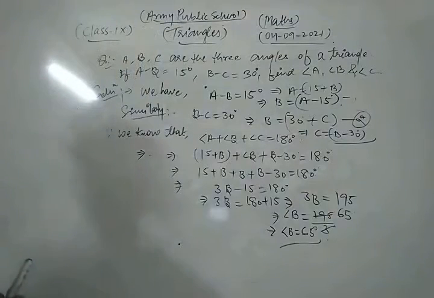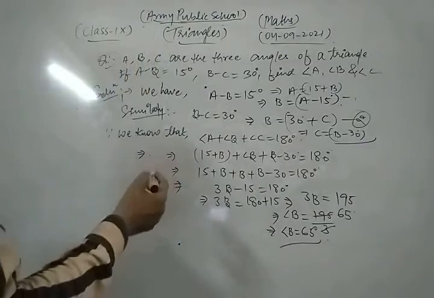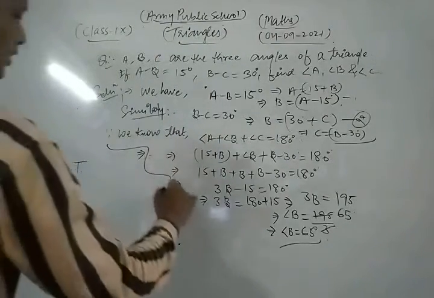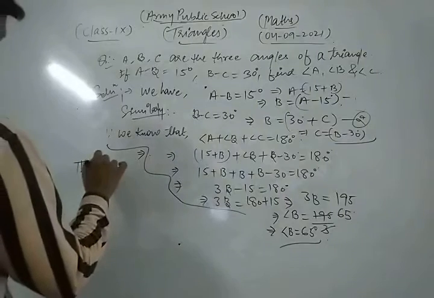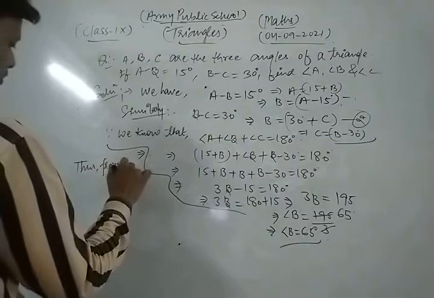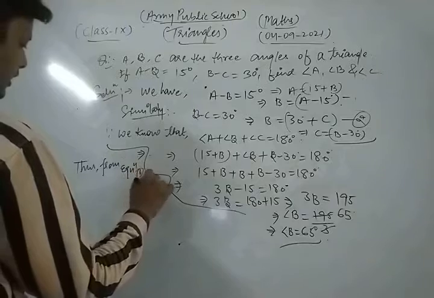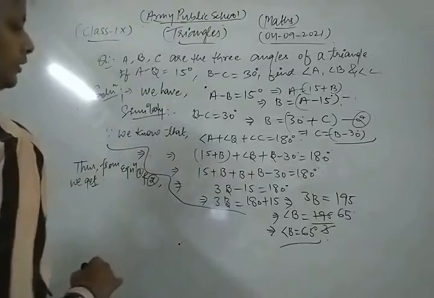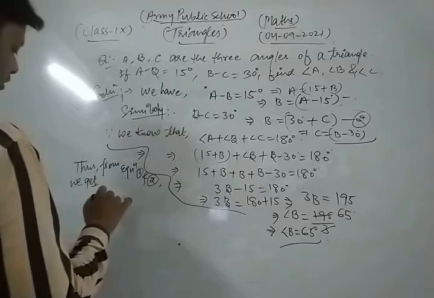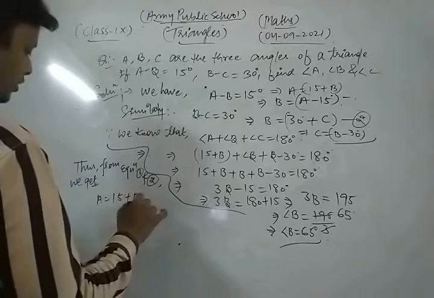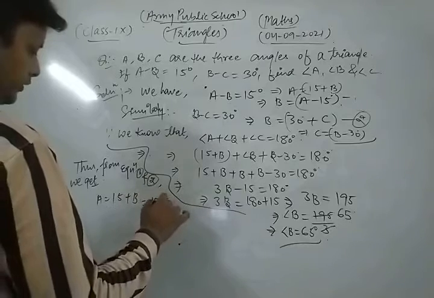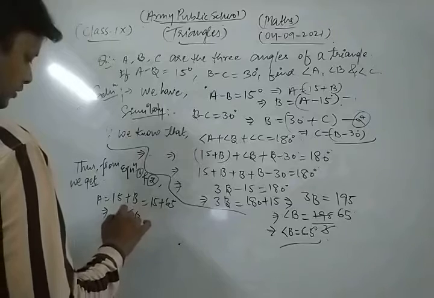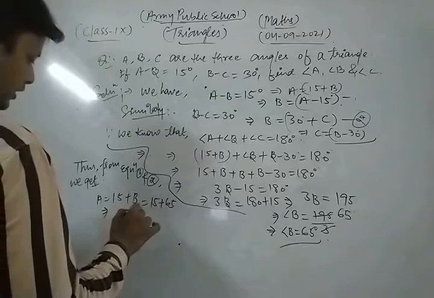Now, using equations 1 and 2, from 1 we get angle A is equal to 15 plus angle B. So 15 plus 65, angle A is equal to 80 degree.